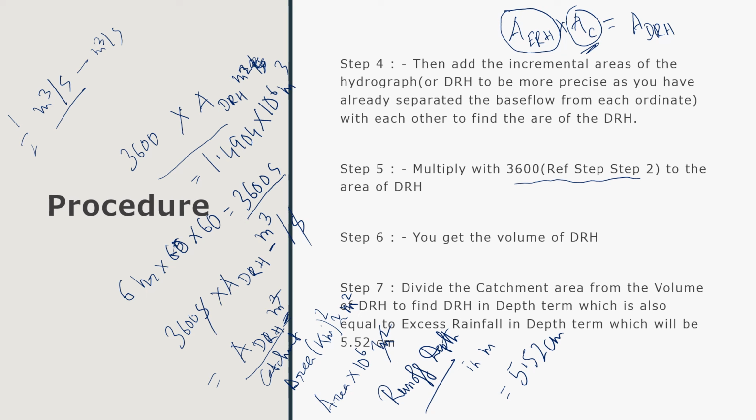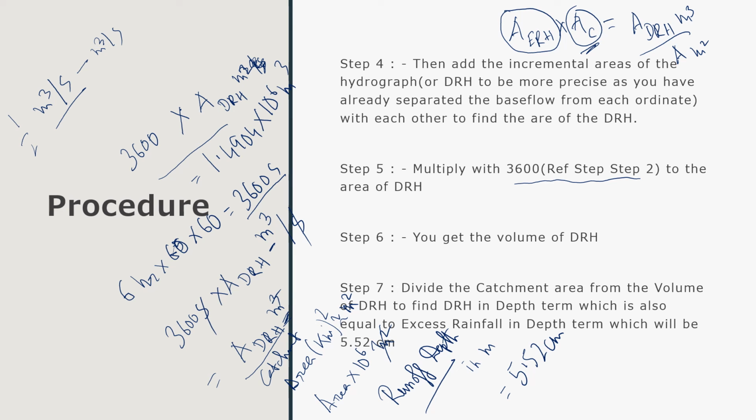So once I divide the area of DRH, which is in meter cube, by the area of catchment, which is in meter square, I get the area of ERH, or effective rainfall depth in terms of meter. Okay, and this area under ERH, why is it in terms of meter?